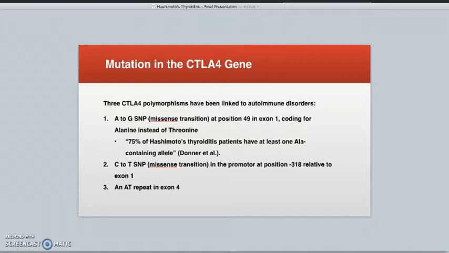So 75% of Hashimoto's patients have at least one ALA-containing allele. So they're pretty sure that this is the mutation that causes this gene to malfunction. There's also a C to T SNP and an A to T repeat in exon 4. These are all three mutations that can cause this gene to fail.